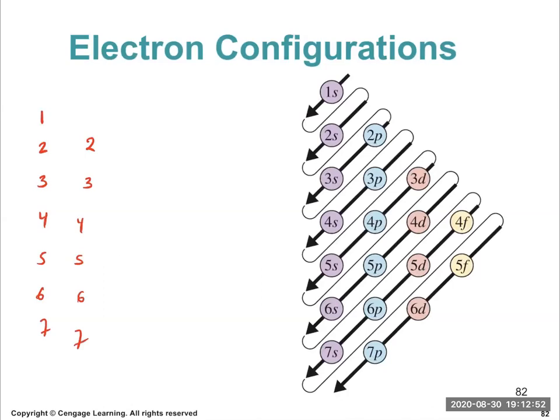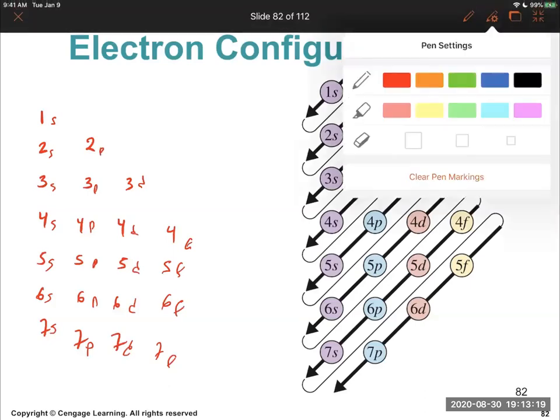And then I start here, which would be 3, 4, 5, 6, 7. And then I just label: S across, then P, then D, and then you do F. And the trick is in the way you fill it.